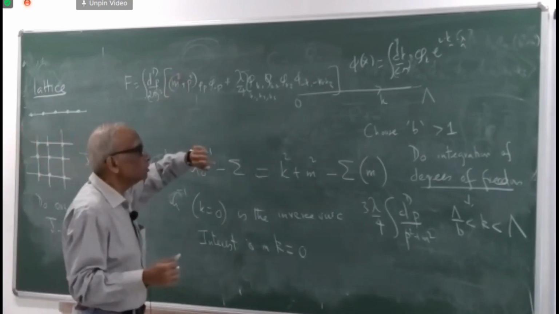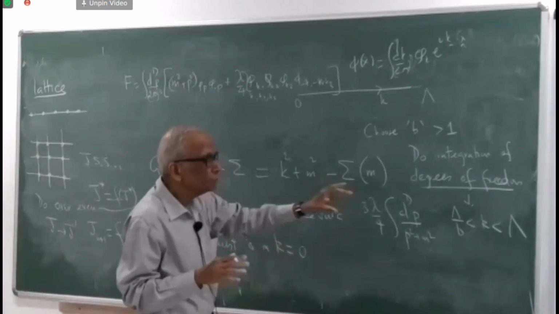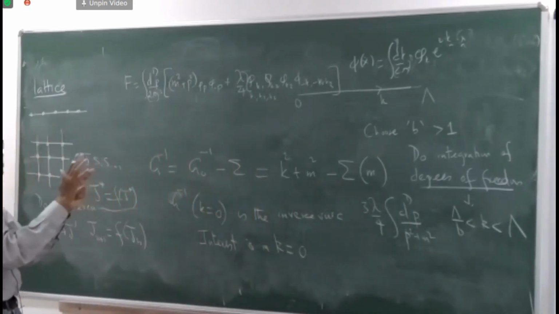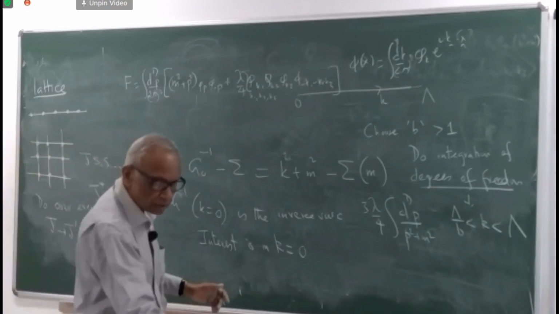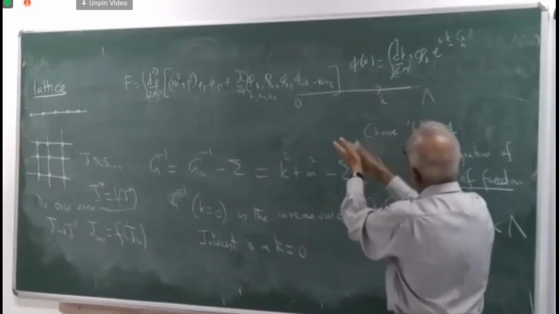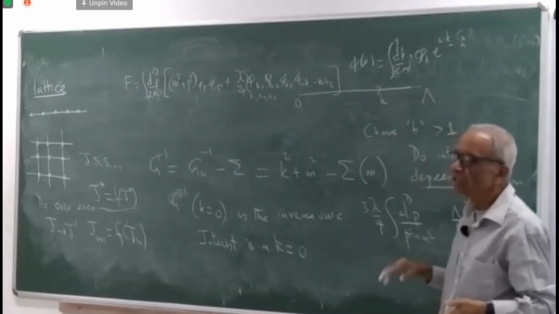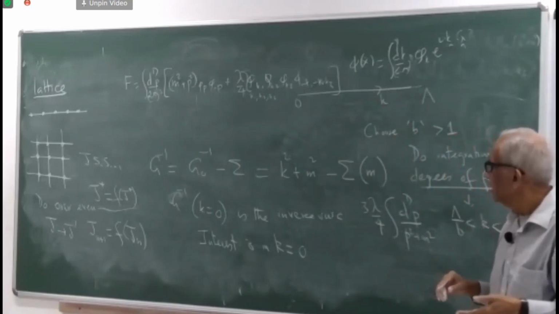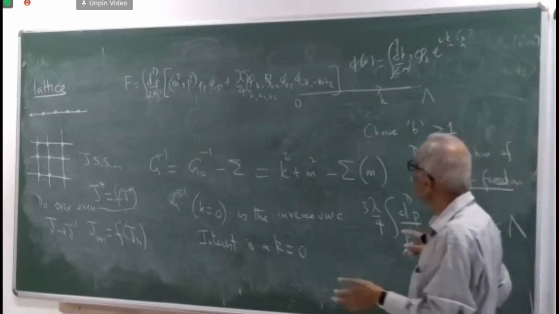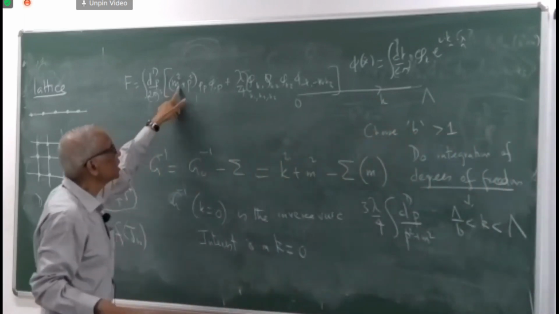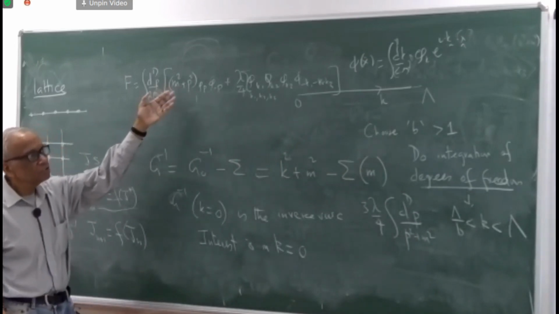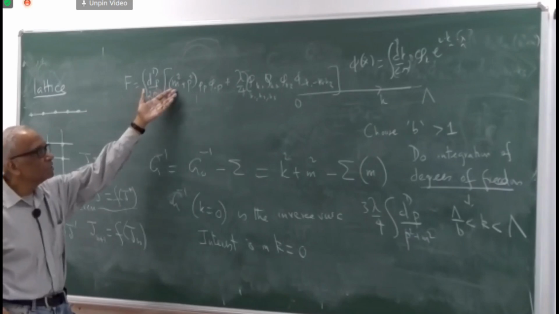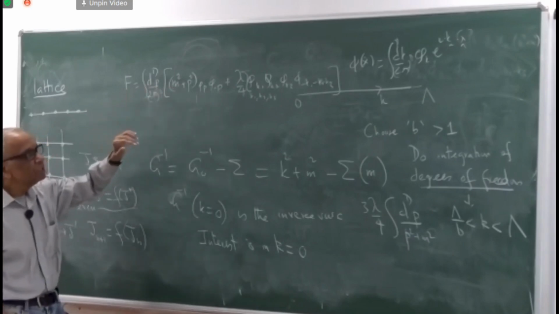So I'm going to implement this scheme with this picture in mind, that I'm going to remove degrees of freedom from this end, from the high k, and see what it does to the parameter which I have over here, which is m square, essentially the temperature parameter.